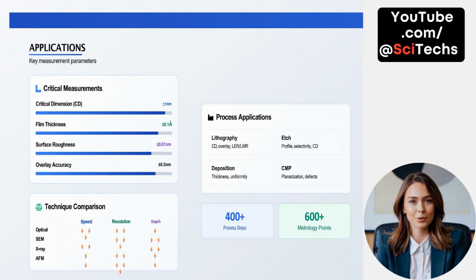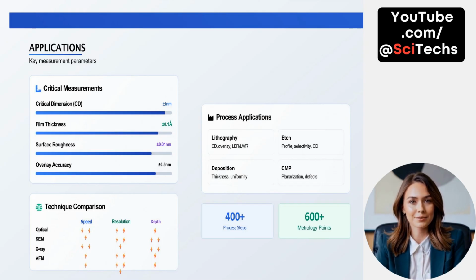These measurements support major process applications, including lithography, where CD, overlay, and line edge roughness are critical. In etch, measurements guide profile control and selectivity. Deposition benefits from thickness and uniformity checks, while CMP processes rely on metrology to monitor planarization and detect defects.